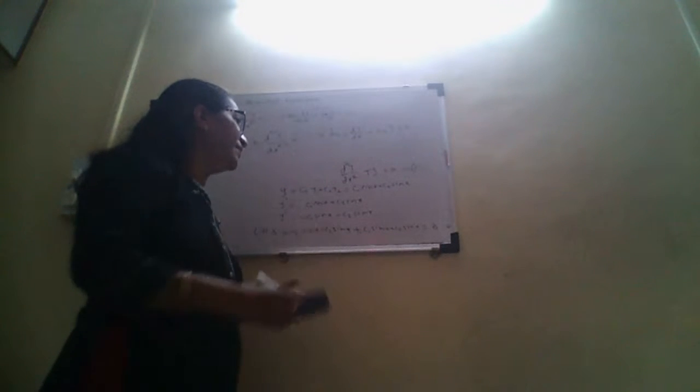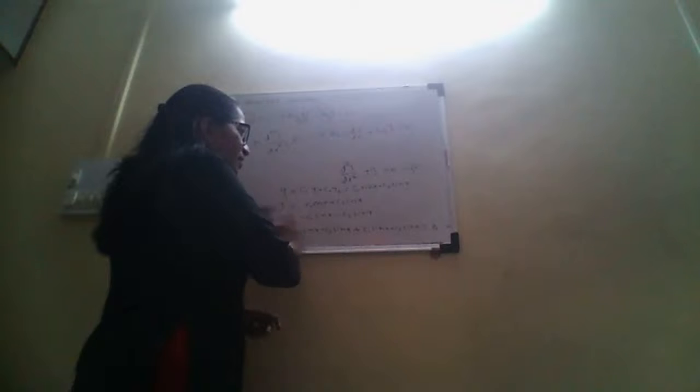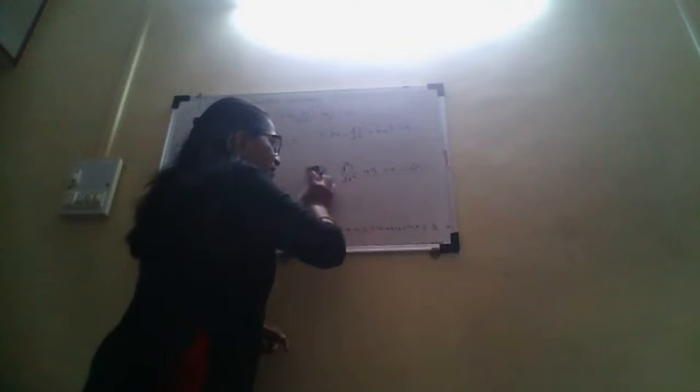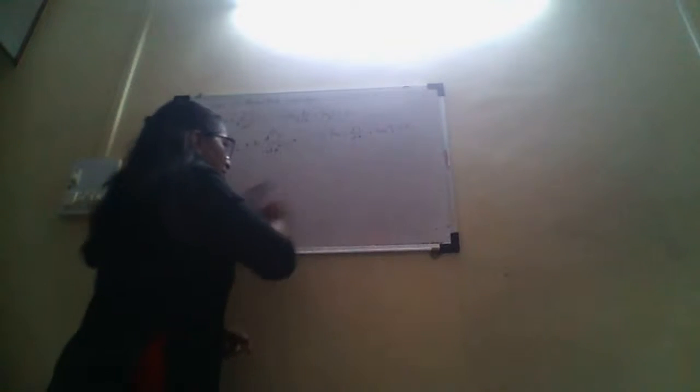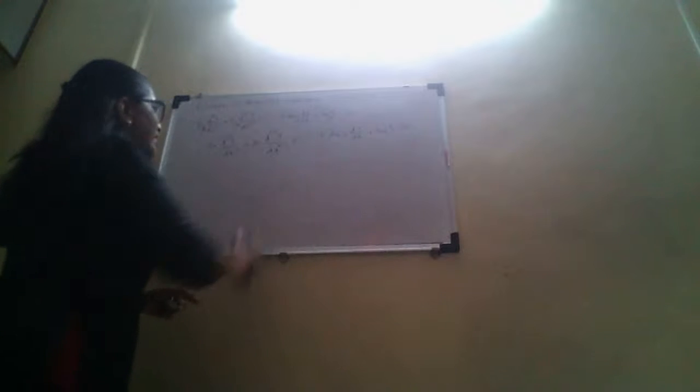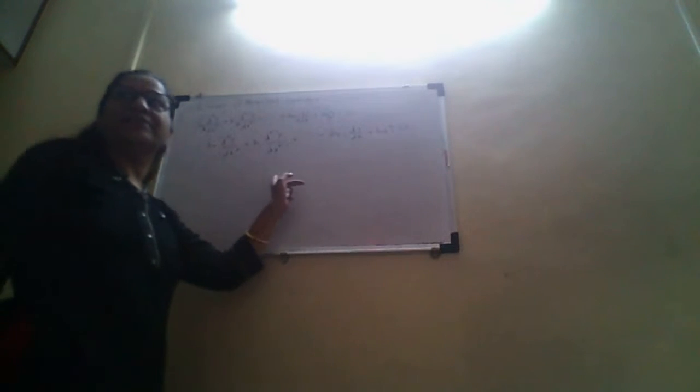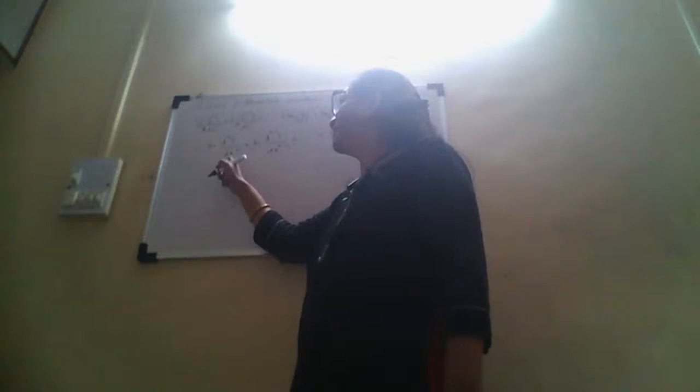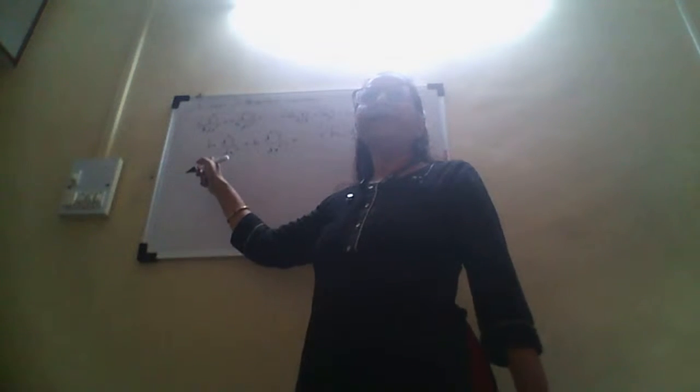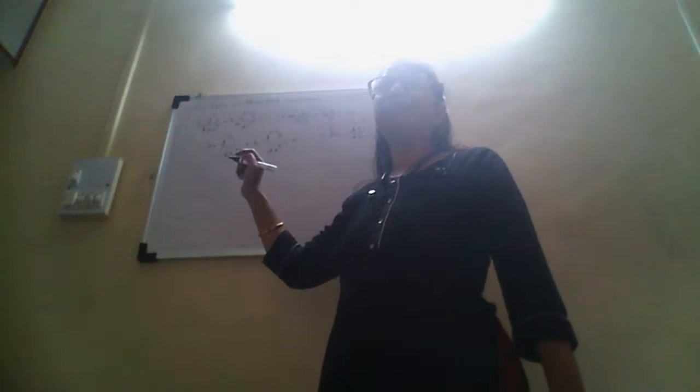Now next thing is that suppose these are the solutions. Suppose the linear differential equation is of nth order and first degree. Then how many maximum number of solutions are possible?